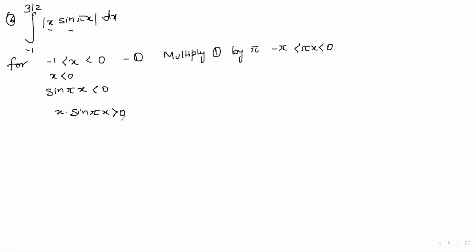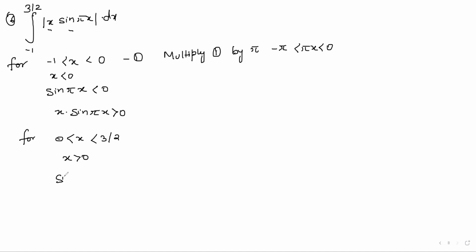Okay, now we will take the next one, 0 to 3/2. Let's see what problem comes here. For 0 to 3/2, Lakshya, will x be greater than 0 or less than 0? Greater than 0, very good.